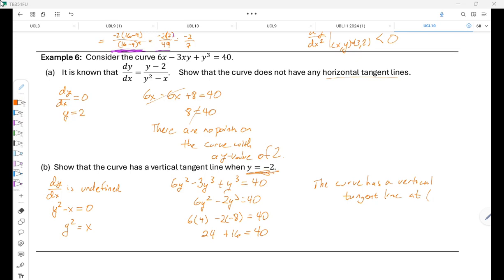What did they tell us y was? Yeah. So what's x? 4. So I showed it. Basically, this math is showing that that point is on that line.